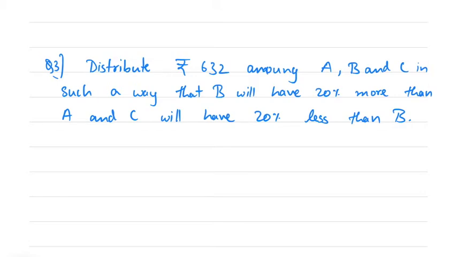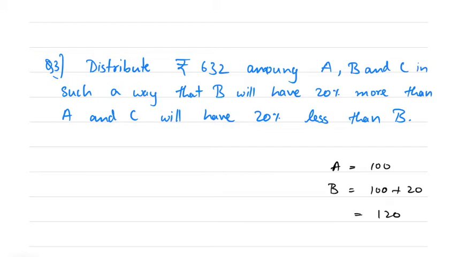If A receives 100, B will receive 20% more, that is 100 plus 20, which becomes 120.